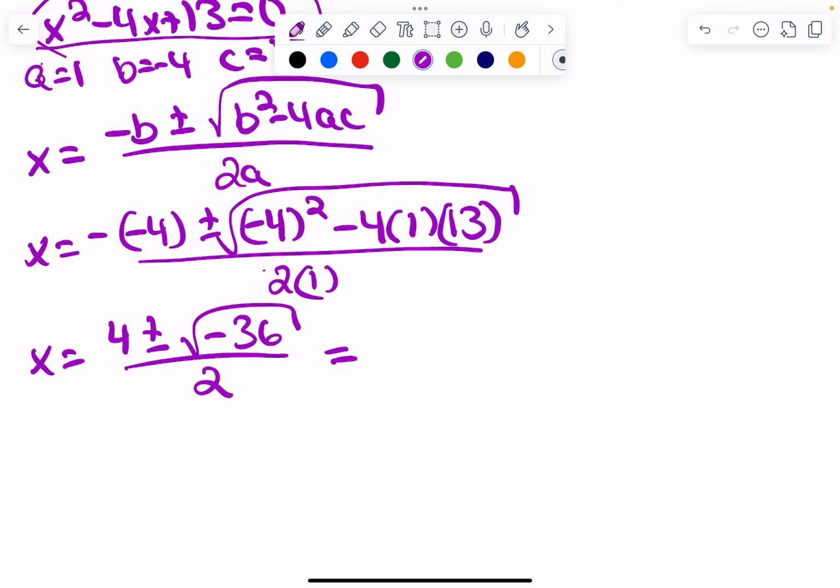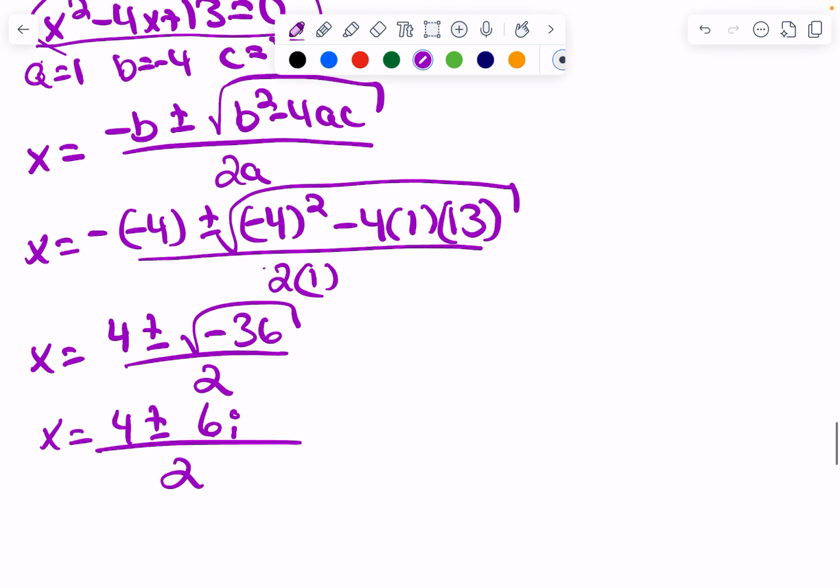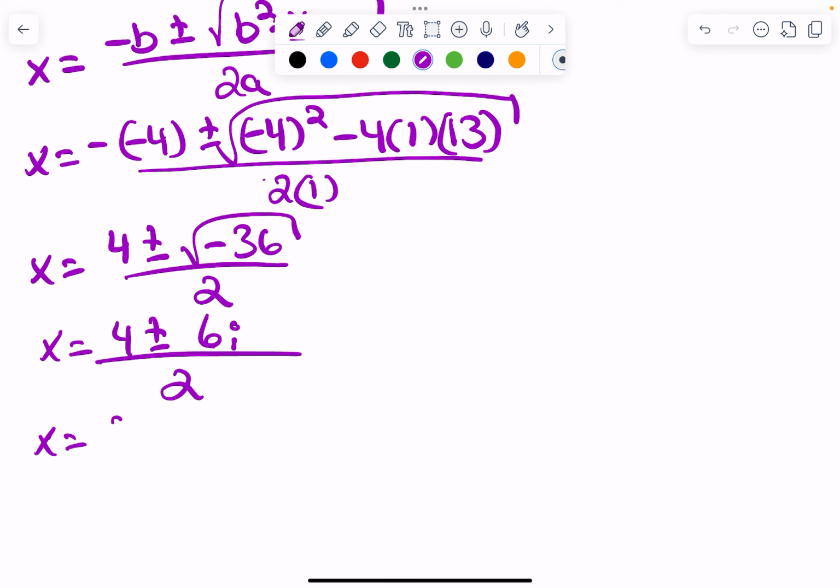The square root of 36 is 6, and the square root of -1 is i. So we can see that we have an imaginary root here. We can still divide by 2, so we get x equals 2 plus or minus 3i.